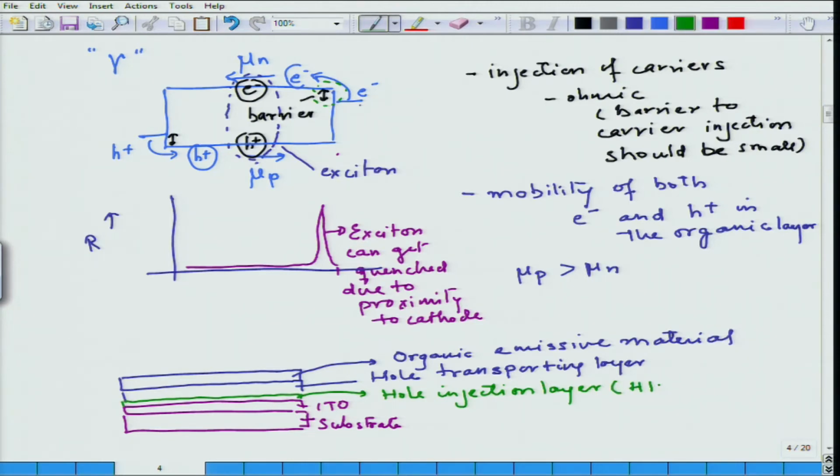So, this would be hole injection layer, HIL, hole transporting layer, and organic emissive material. And on the way I am helping the holes to be injected from the anode side, I can do the same thing to the cathode side, which means I can add an electron transport layer, and on that I will add an electron injection layer, and finally the cathode.